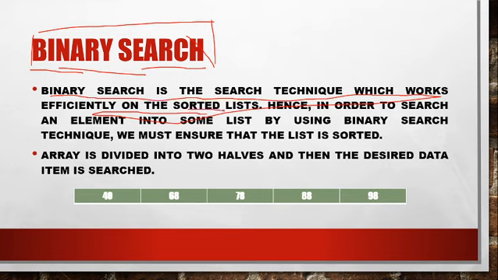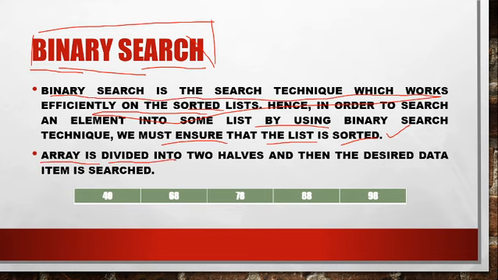Sorted list means the numbers should be in either ascending or descending order. Using binary search, we must ensure that the list is sorted. This is the first condition for applying binary search.